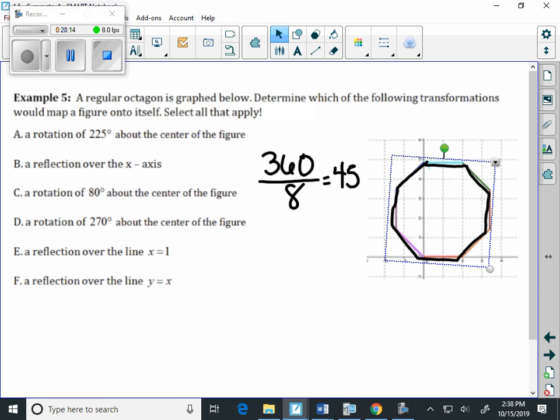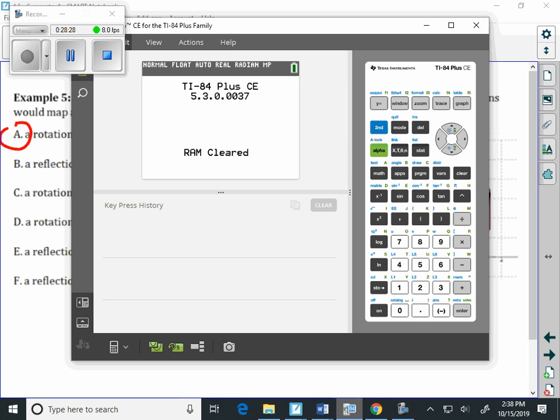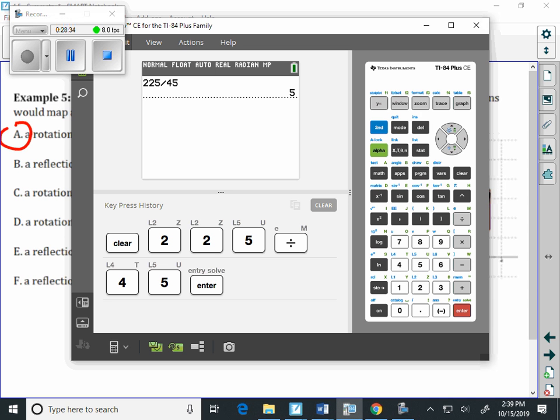And the thing is, is 45 a factor of 225? It is. In other words, what I'm asking myself is, if we divide 225 by 45, do we get an even number? And we do.